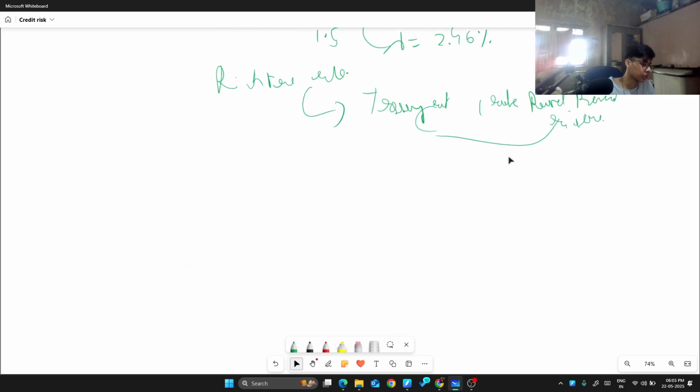And now a comparison of default probability estimation.